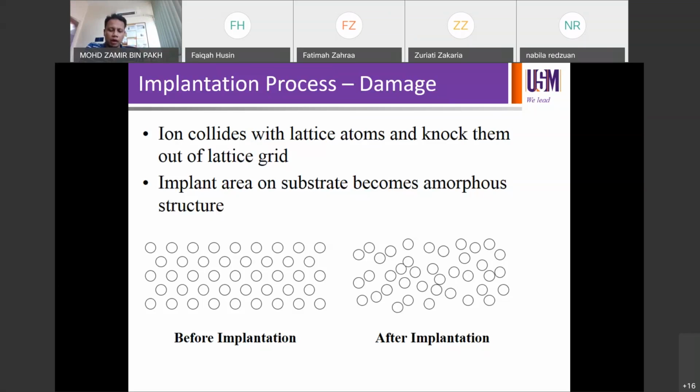But after the implantation process, the affected region becomes more amorphous due to the distortion of the lattice, right? Before the process it is mono, as the original material. After the process it is amorphous due to the distortion of the lattice.